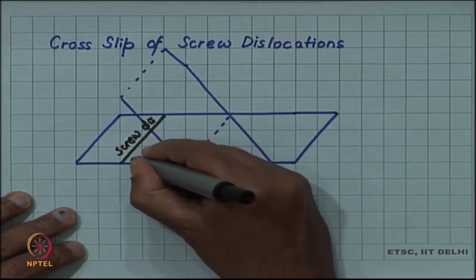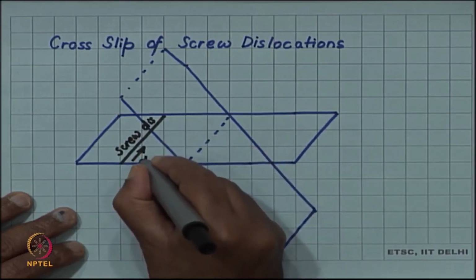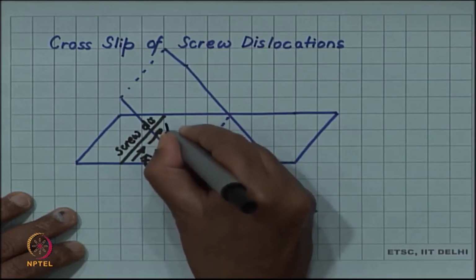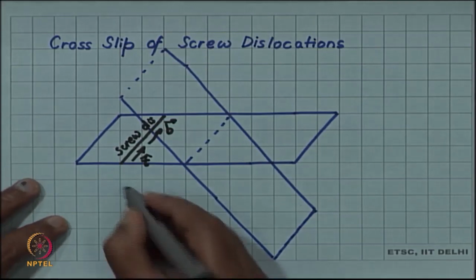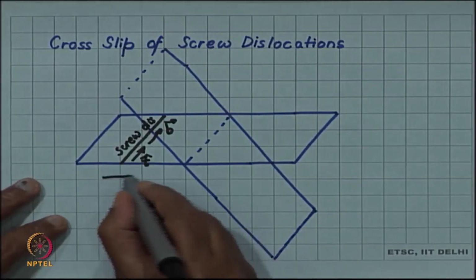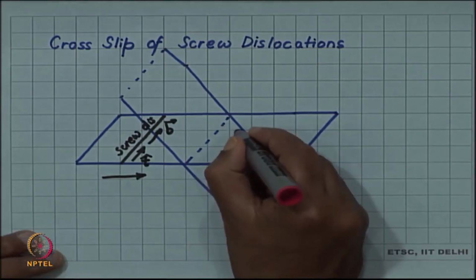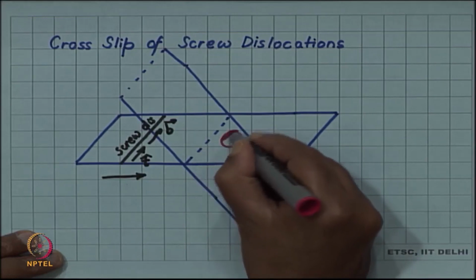If it is a screw dislocation, the T and B will be either parallel or anti-parallel. So, let me make parallel in this case. Suppose this dislocation was moving under the stress in this direction, and suppose that the crystal contains some hard particles, reinforcement or precipitate.